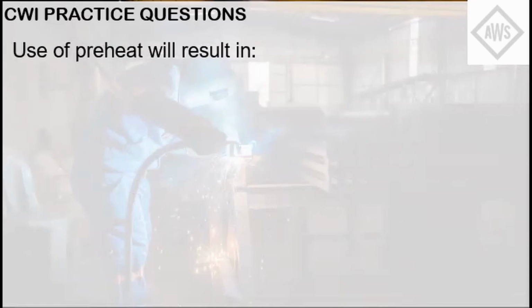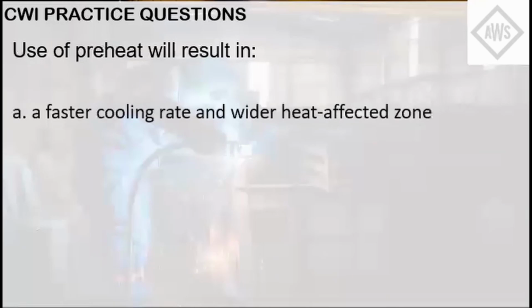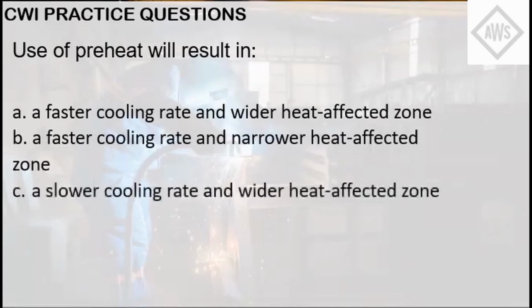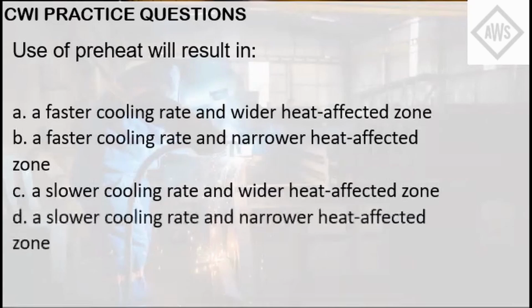Next question. Use of preheat will result in a faster cooling rate and wider heat affected zone, a faster cooling rate and narrower heat affected zone, a slower cooling rate and wider heat affected zone, a slower cooling rate and narrower heat affected zone.